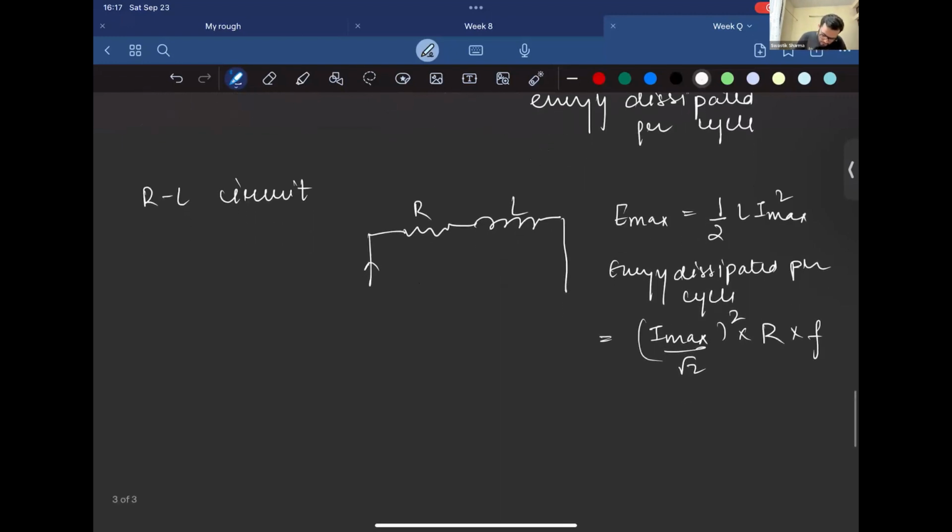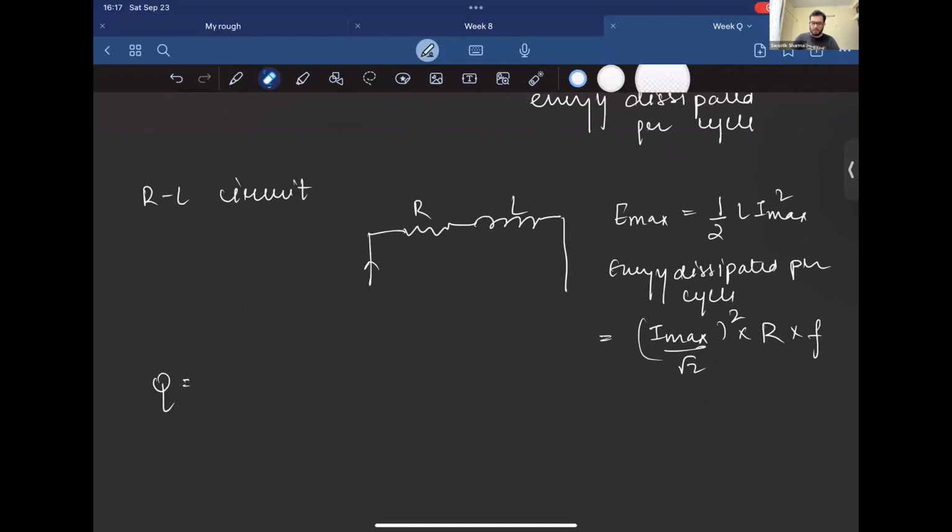So per cycle, T would be 1 over frequency.